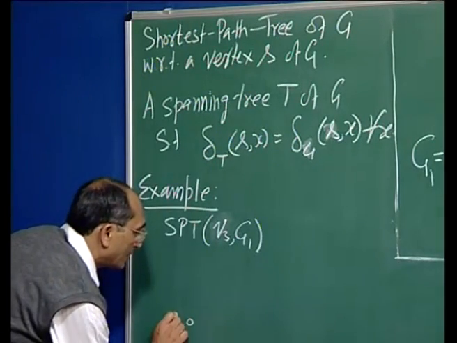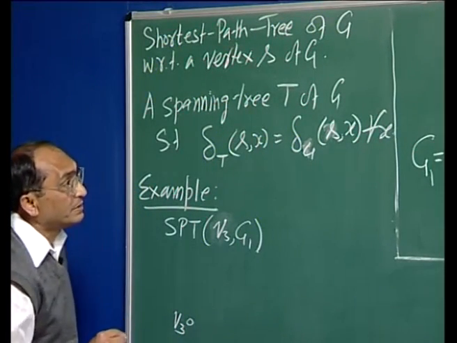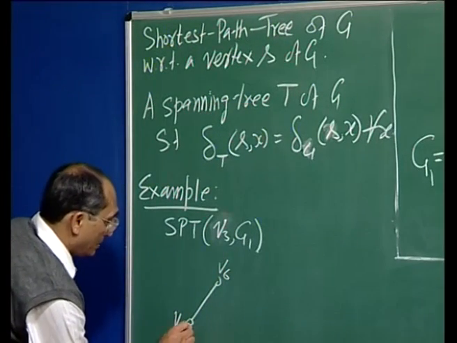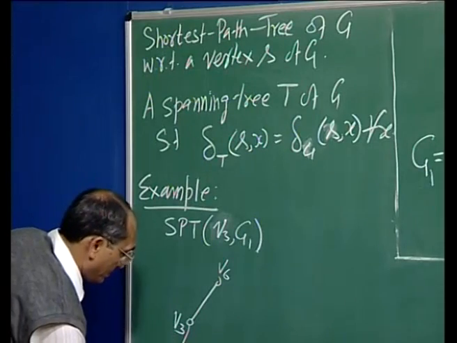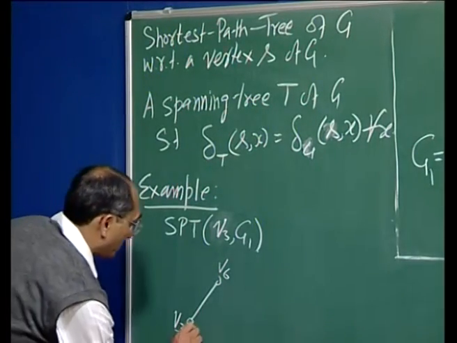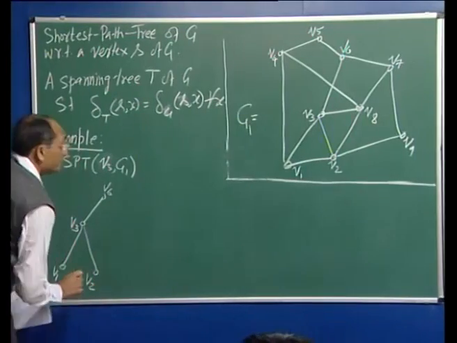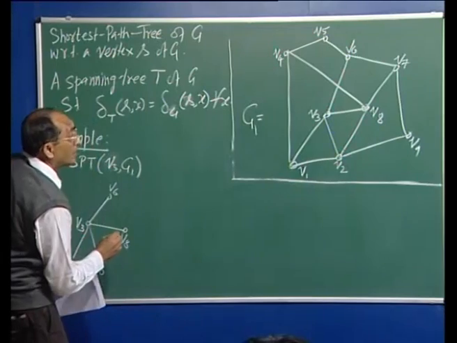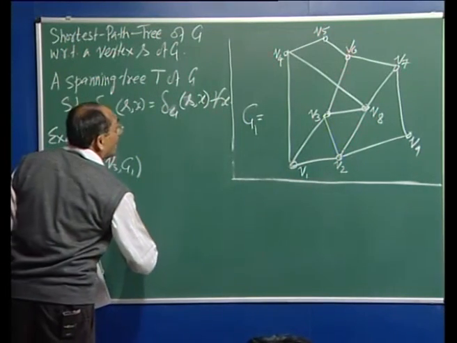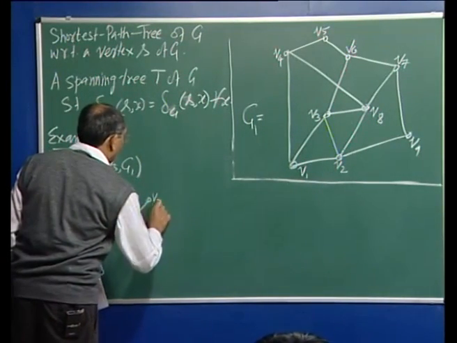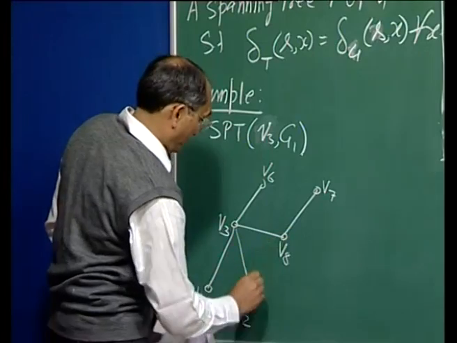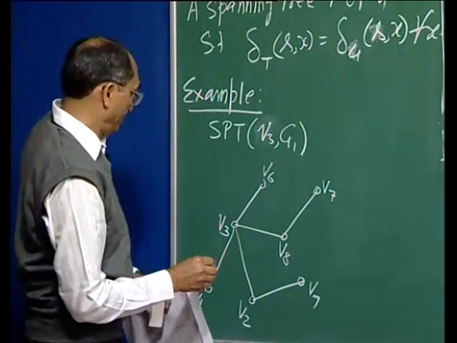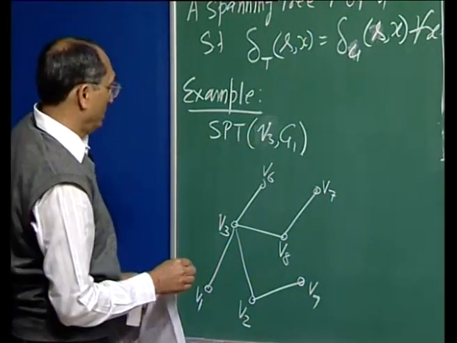So, consider the following graph: V3, V6, V1, V2, V8, V7, V9, V4.